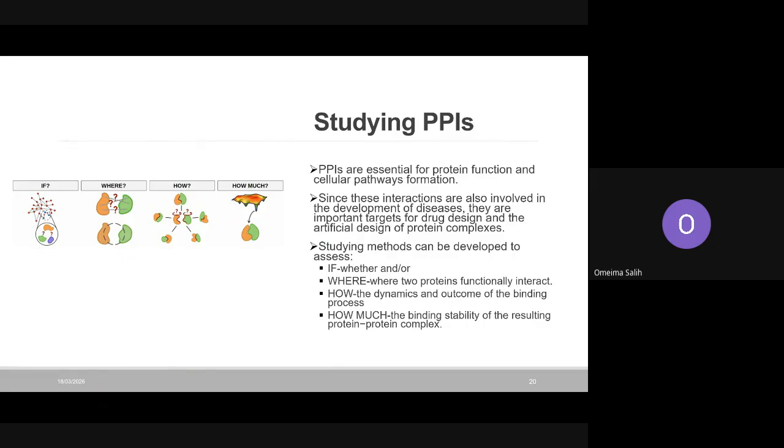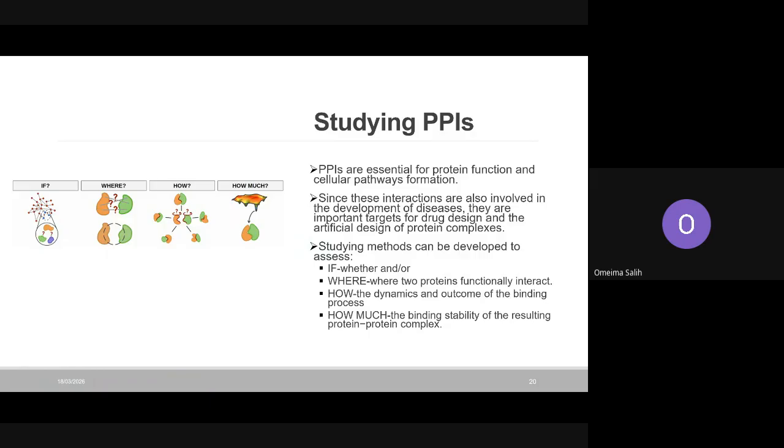Otherwise, if you study the protein as an isolated component, then you will be faced with the reactions of this protein with other proteins once it is introduced in vivo, and that could lead to different and adverse side effects that you didn't account for while you were studying the protein as a separate entity. So for studying methods, you need to assess first.